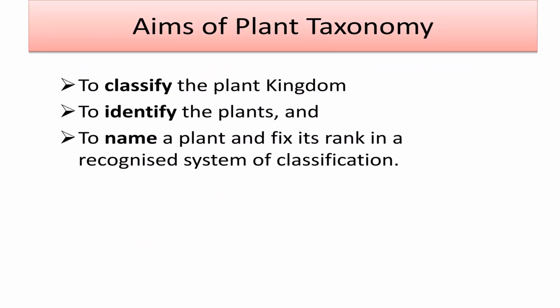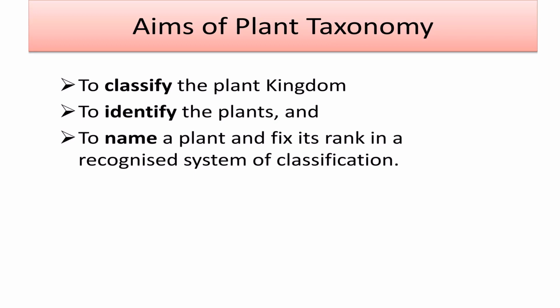What are the aims of plant taxonomy? It aims to classify the plant kingdom and to identify the plants and to name a plant and fix its rank in a recognized system of classification. So what are the things in the classification, and why do we need classification? A wide range of plants occur in the universe.